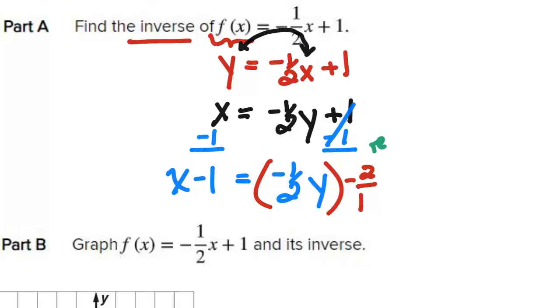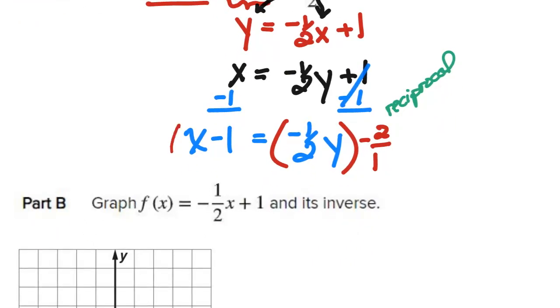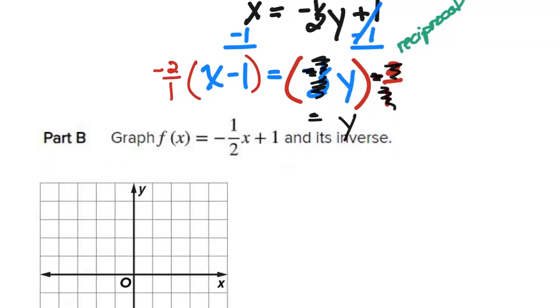Okay, the reciprocal. You multiply by that fraction's reciprocal on both sides, negative 2 over 1. So the 1's cancel out, the negatives cancel out, the 2's cancel out. So we're left with y, which is what we want.